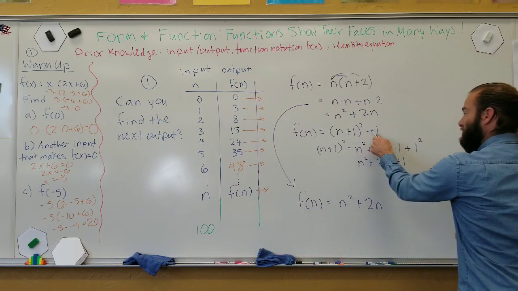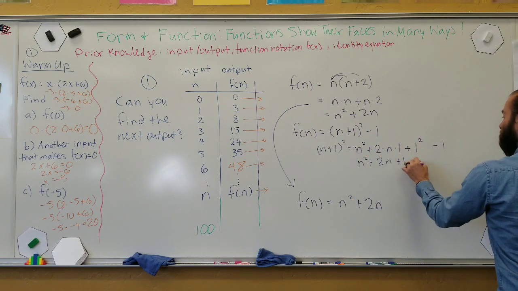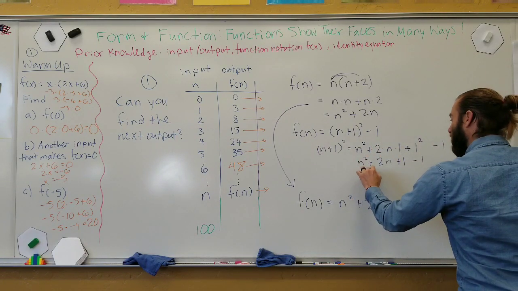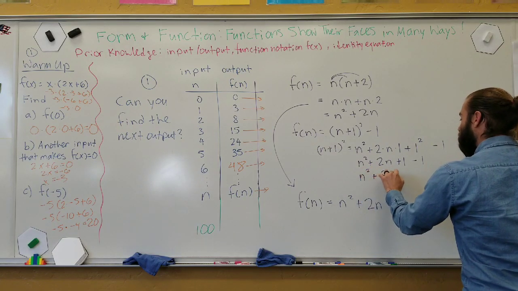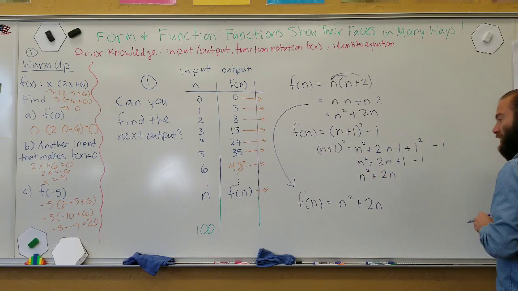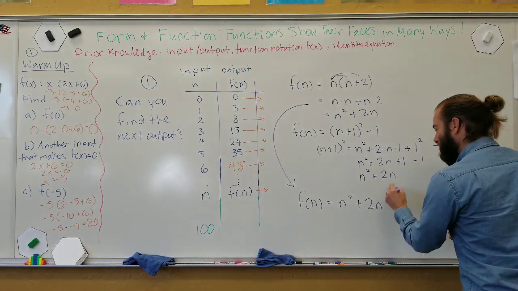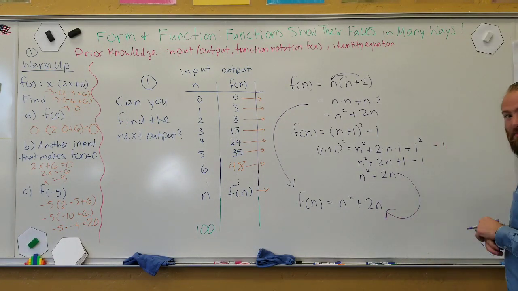Now, don't forget though, there's this minus 1. So in the end, I'm going to put a minus 1 and a minus 1. And I get n squared plus 2n, because that plus 1 and minus 1 cancel out. And again, this is still the same as that.